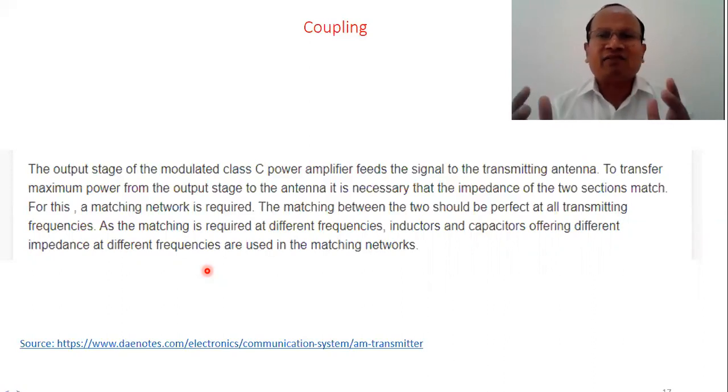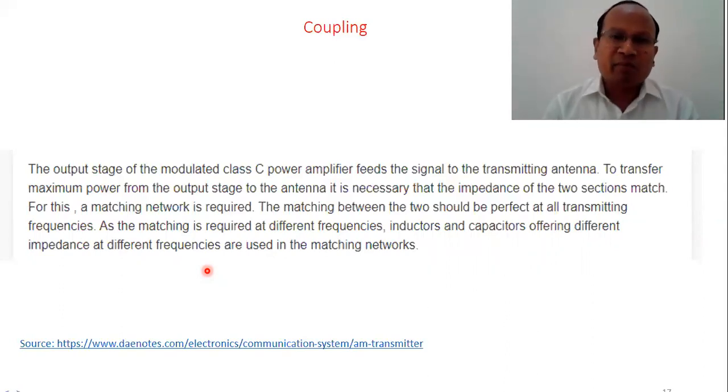The entire tower or transmitting antenna has a separate arrangement. So there must be coupling between the antenna and the power output coming from the class C power amplifier. Otherwise, it will not be properly fed and the signal cannot be transmitted. To transfer the maximum power of the output stage to the antenna, impedance matching is again needed.